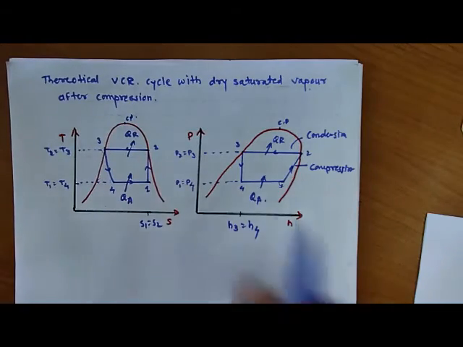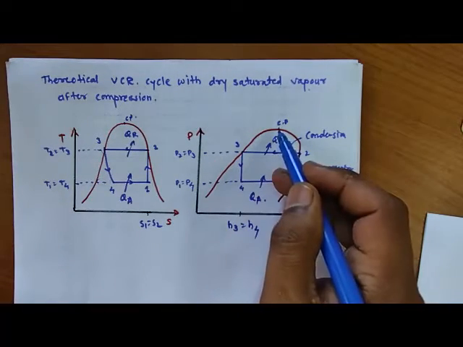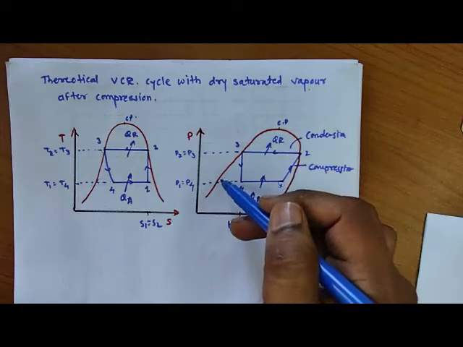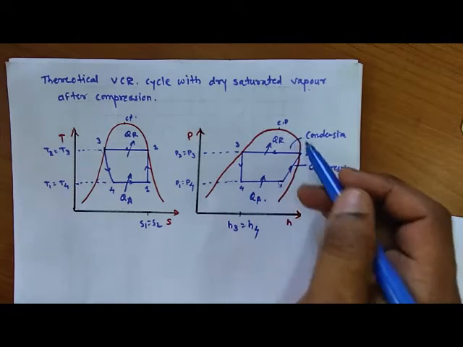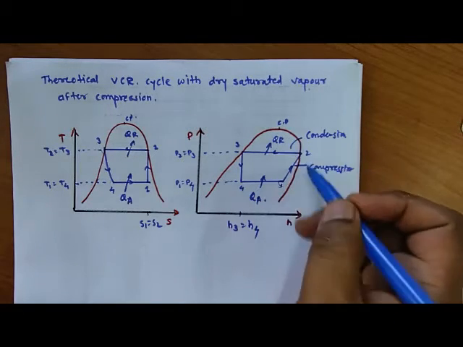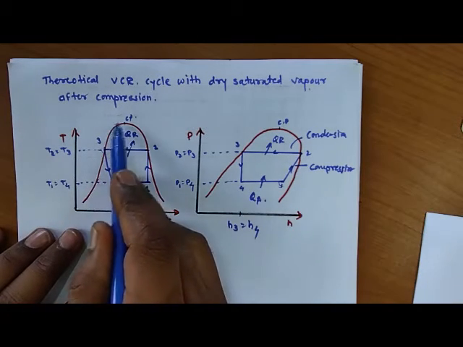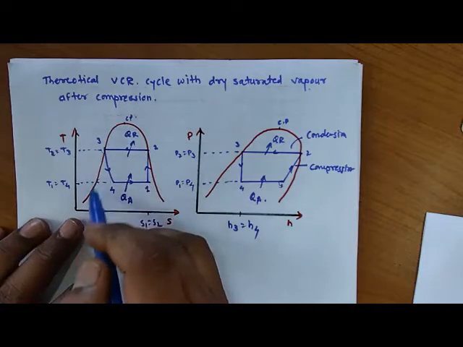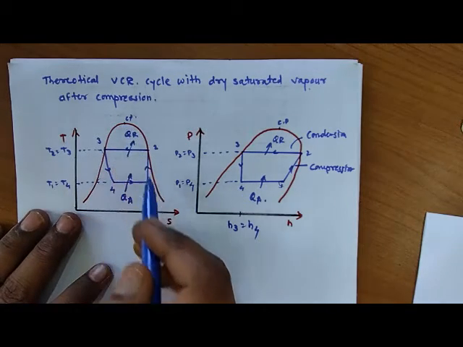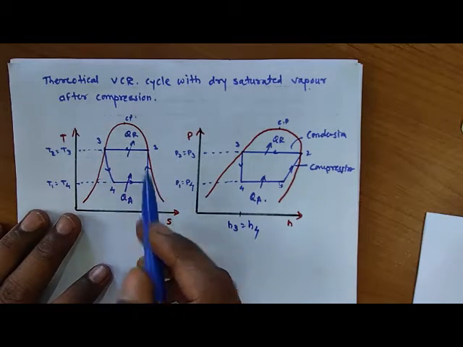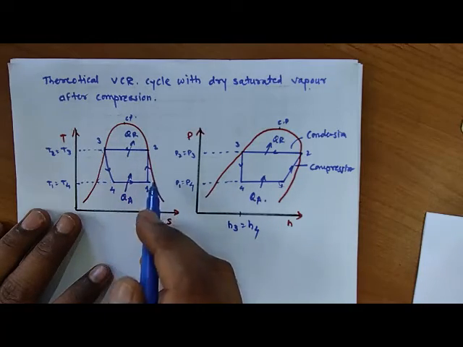On the left hand side of the critical point is the saturated liquid line, and on the right hand side of the critical point is the saturated gas line. Same again here: left side of the critical point is the saturated liquid line, and on the right side is the saturated gas line.